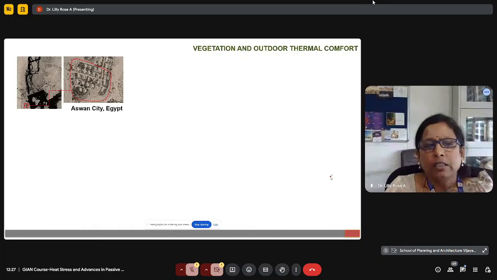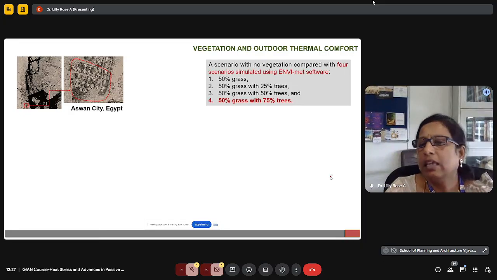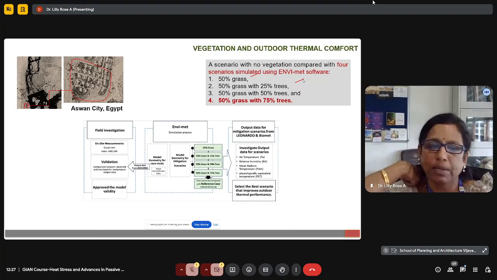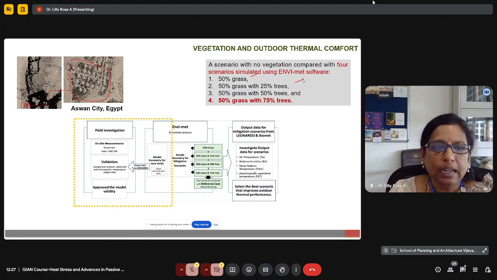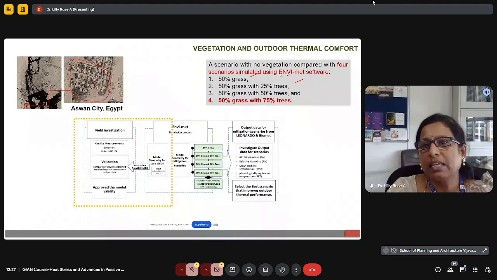There are also other studies, like we had discussed a lot of these in hot and arid climates. Here again, strategies of 50% grass along with trees, 50% grass with 25% trees, 50% grass with 50% trees, and 75% trees are underlined. These are basically simulated studies using ENVI-met software.